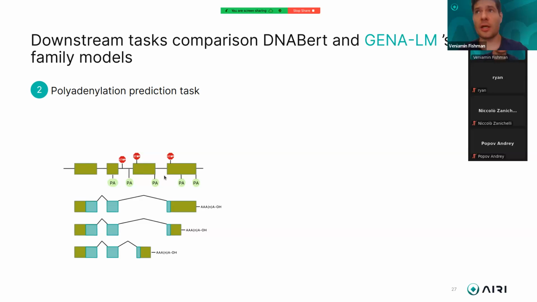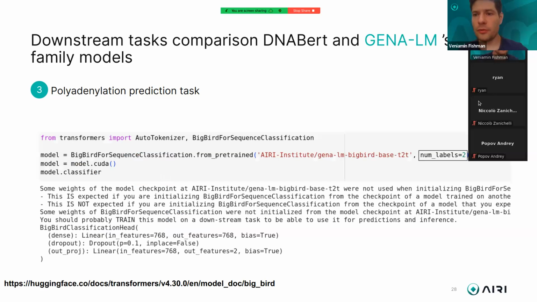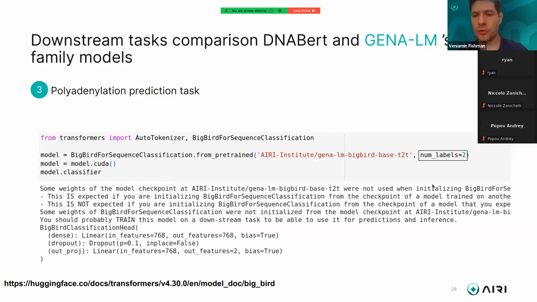And this is a quantitative trait, and you can very similarly use the same code to solve this. You only need to change the number of labels, because now we have only one quantification, meaning that the number of labels is 1. And again, I'm pointing you to the documentation of this Transformers code, because it's well documented in the manuals how you can switch from classification to regression task.